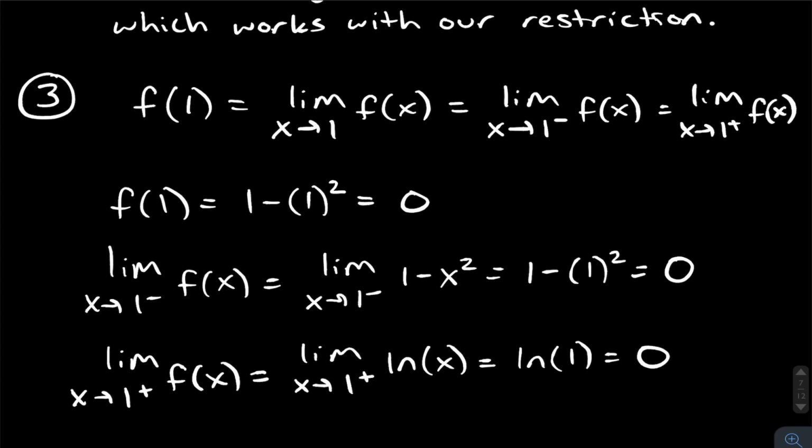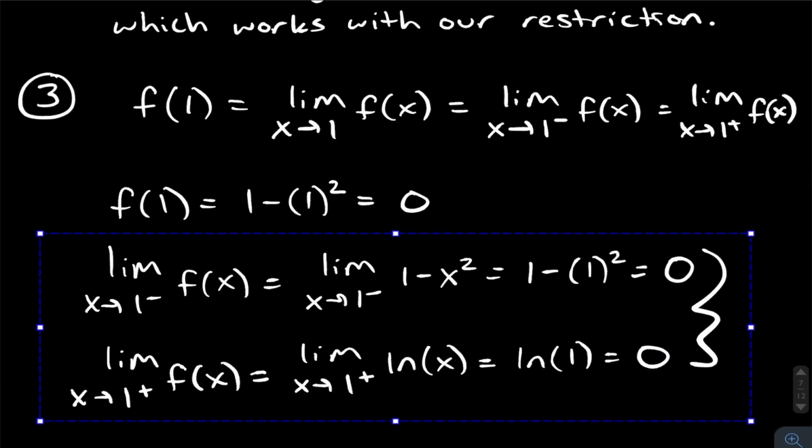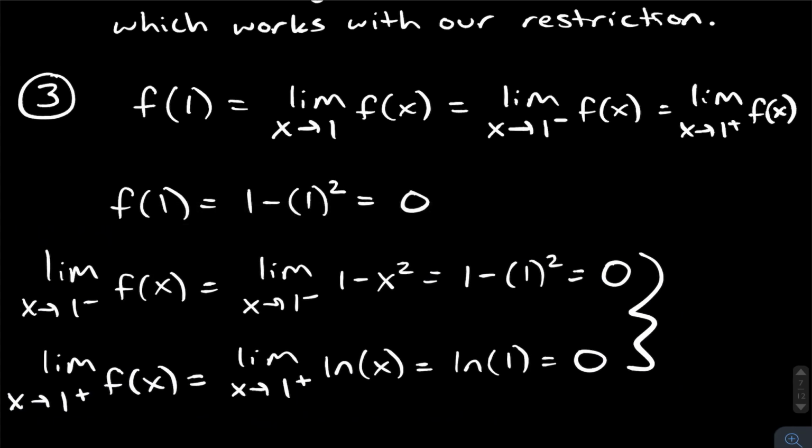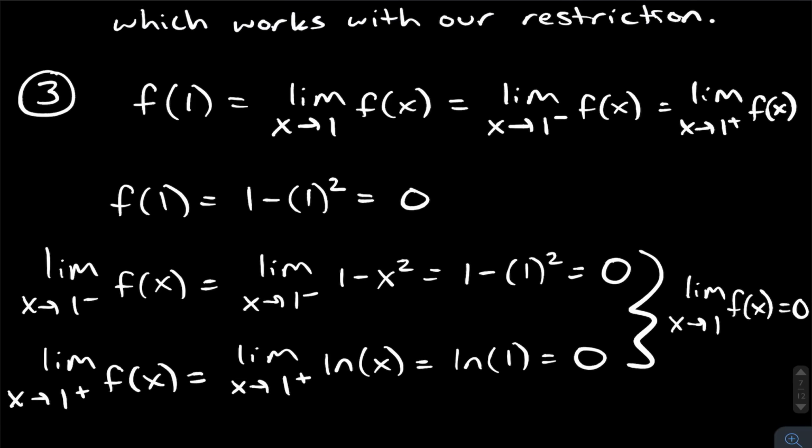That's equal to 0. So what this means is that since these two limits agree with each other, that means that our overall limit exists, right? And so we can say that the limit as x approaches 1 of f of x equals 0, right?